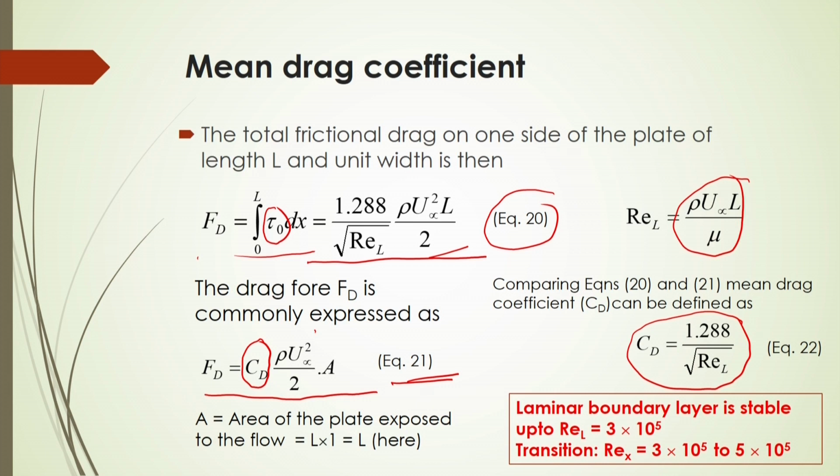So within this range of Reynolds number, 3 to 5 into 10 to the power 5, you can get the mean drag coefficient based on laminar boundary layer theory.